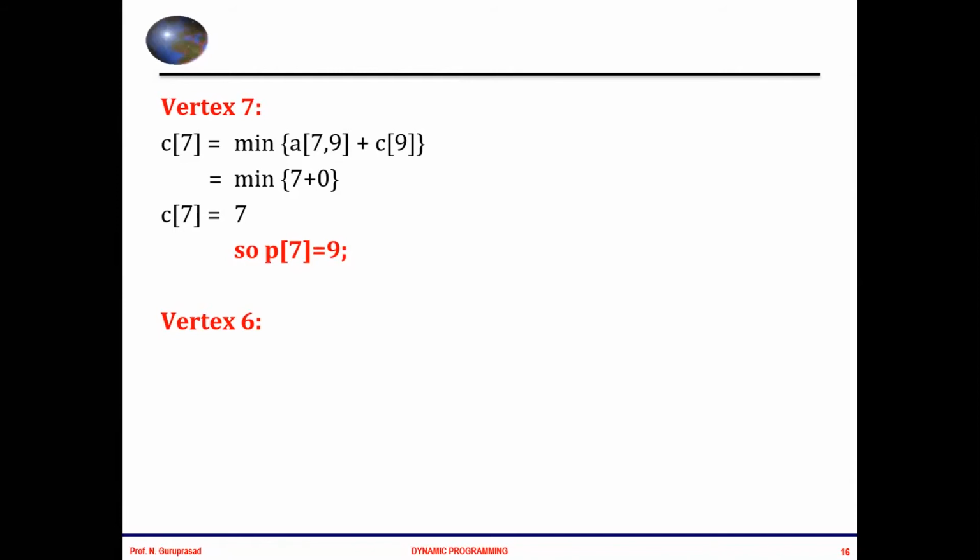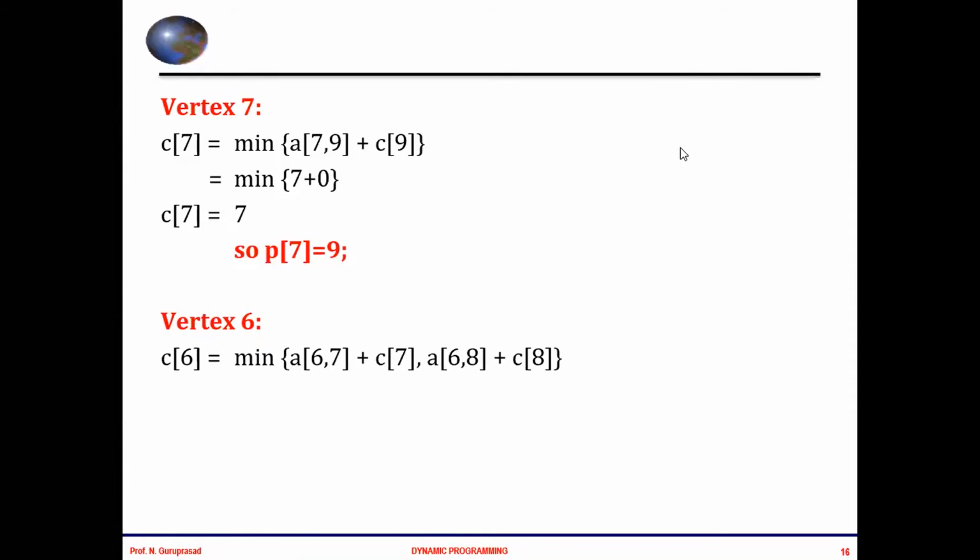So the formula will be the minimum of, here you will get two values: minimum of 6,7 plus C of 7, because 7 is the destination vertex here, or 6,8 plus C of 8.